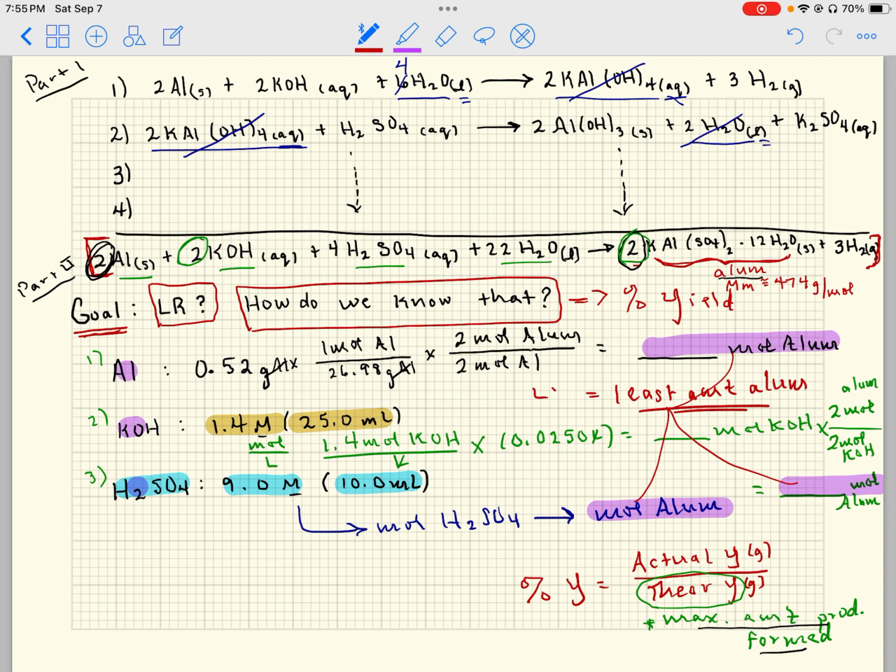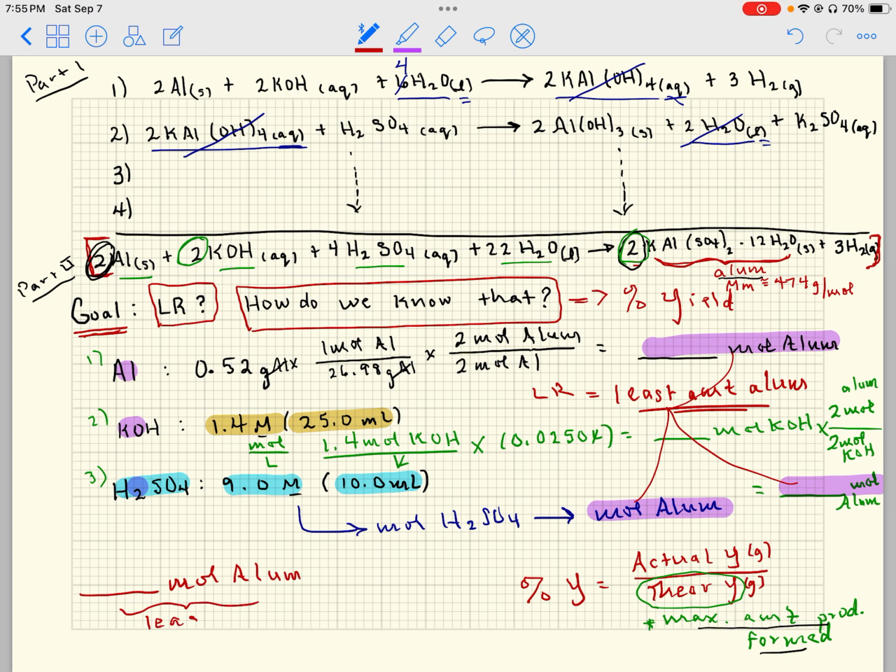That equals my limiting reactant, and I'm going to circle whichever one that is on my lab report form. Now, once you know you've got the least amount of alum, you'll write that one down, so I'm going to make a note on here that that's my least amount. That least amount that's produced is the maximum amount that's produced or formed.